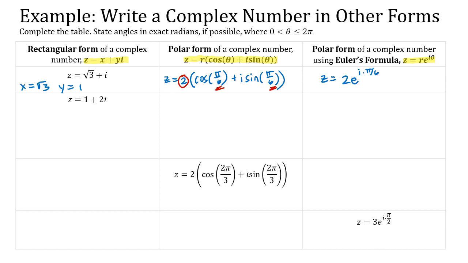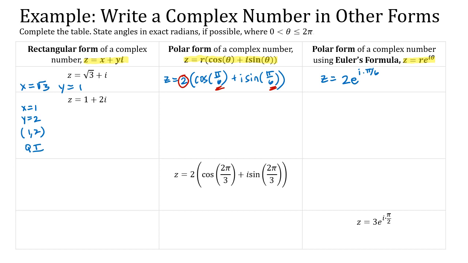All right, let's go to the second row. We have the rectangular form z equals 1 plus 2i. So in this example, we are being given that x is 1. We're being given that y is equal to 2. If we were to plot this point, we would be plotting the point 1, 2, which is in the first quadrant. So we're going to make sure that we get an angle in the first quadrant.